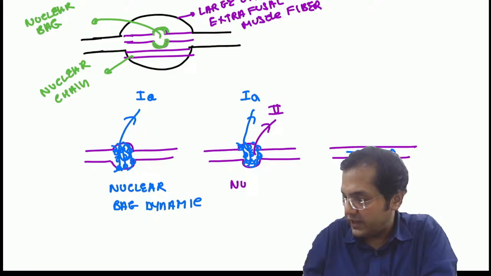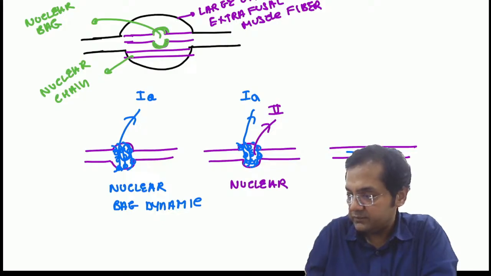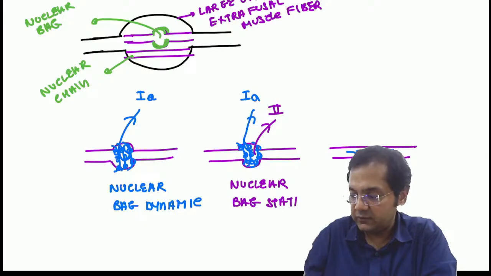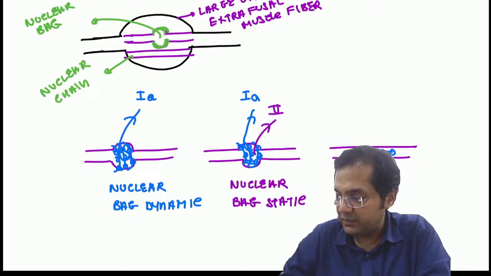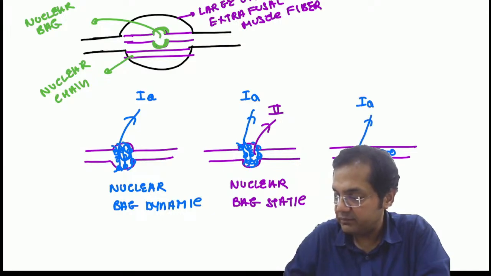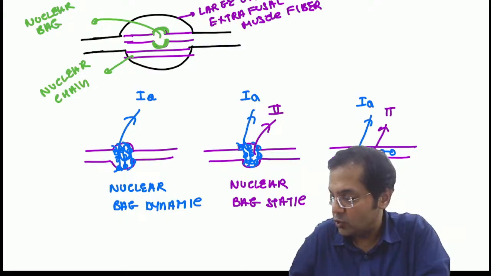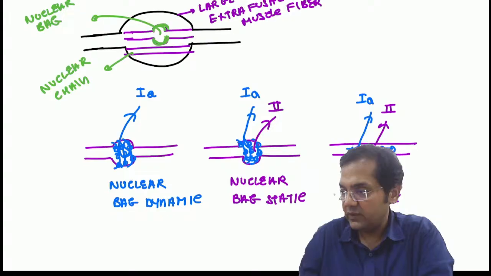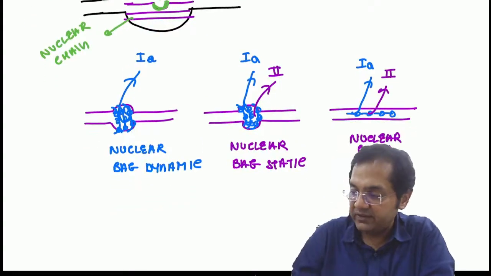This is known as nuclear bag static. Finally, last one में there is no bulge. This is 1A. This is again 2. This is known as nuclear chain static. Right?